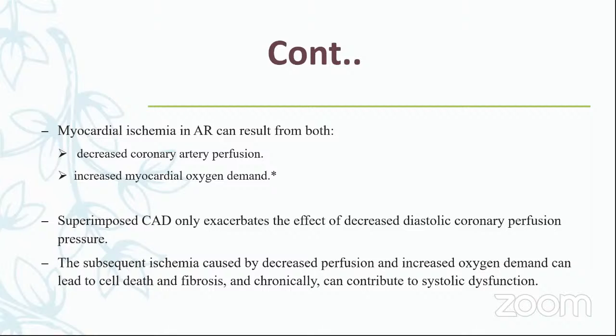So superimposed coronary artery disease only exacerbates the effect of decreased diastolic coronary perfusion pressure, and the subsequent ischemia caused by decreased perfusion and increased oxygen demand can lead to cell death and fibrosis, and this will contribute eventually to systolic dysfunction.